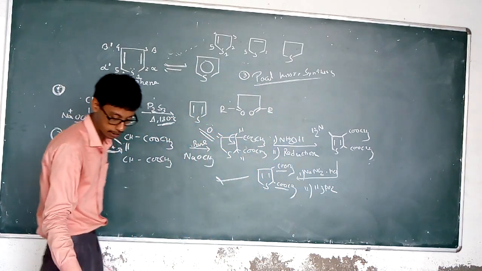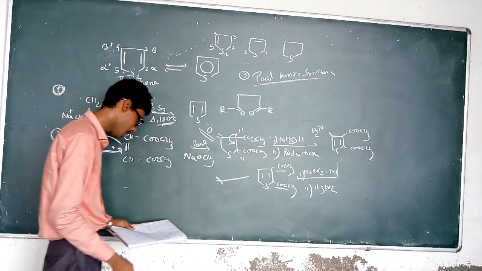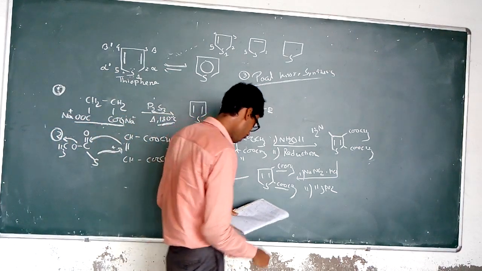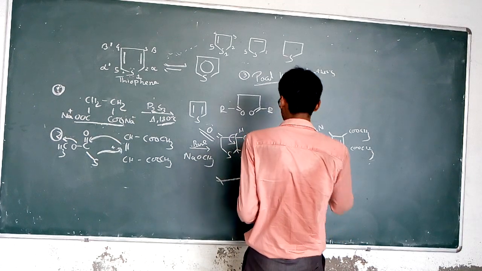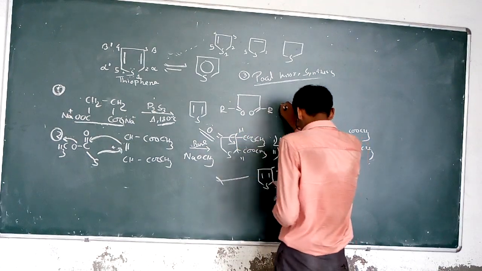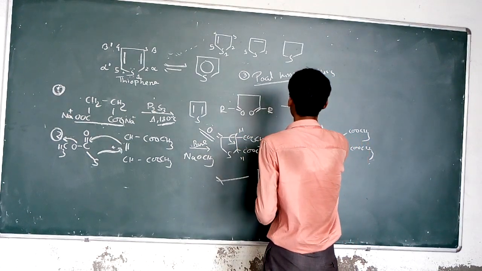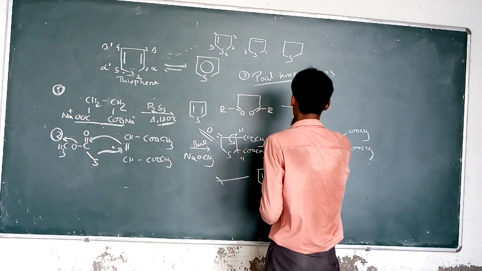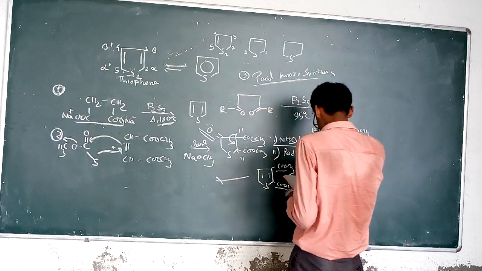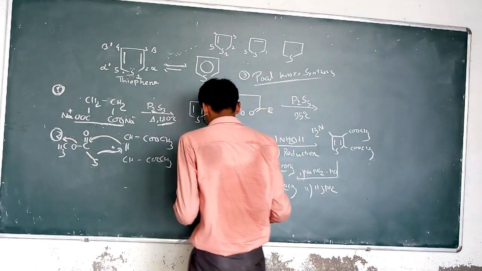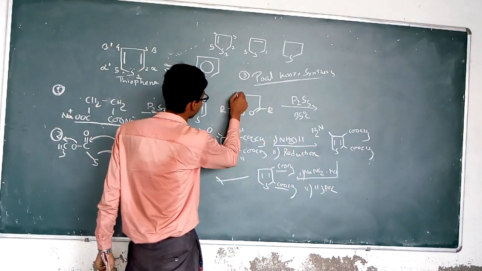The 1,4-dicarbonyl compound is heated with phosphorus pentasulfide, P2S5, at 95 degrees Celsius, and here a rearrangement occurs at that position.